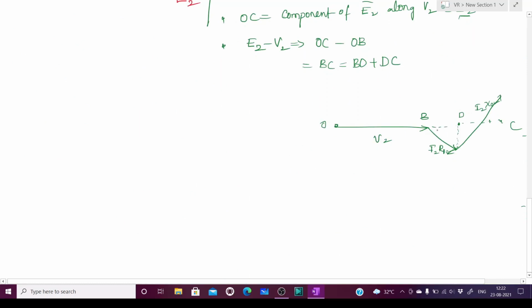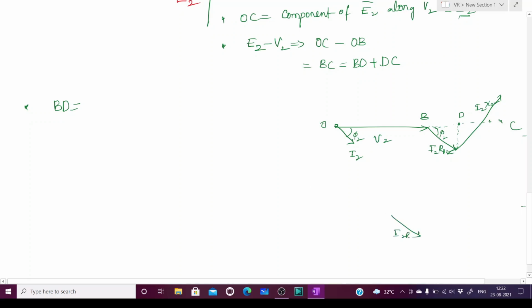This has a phase angle of the power factor angle, right? Here I2 is lagging V2 by some angle phi 2, so this will also be phi 2. So BD can be written as I2 R02 cos phi 2.